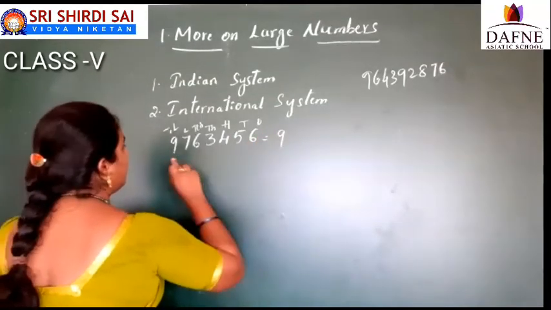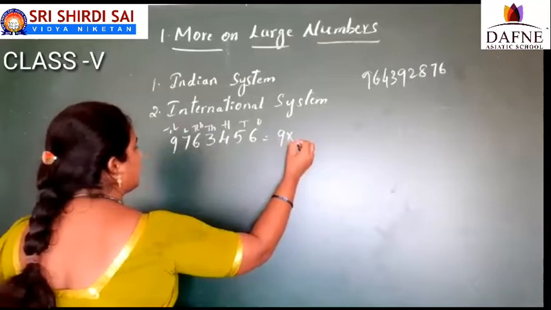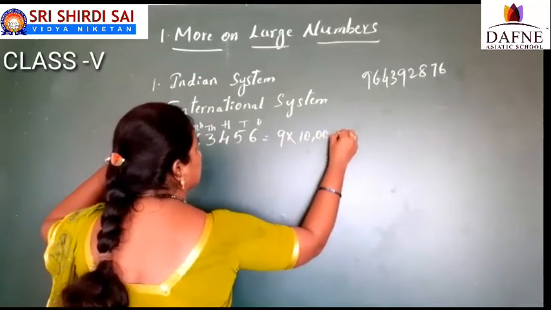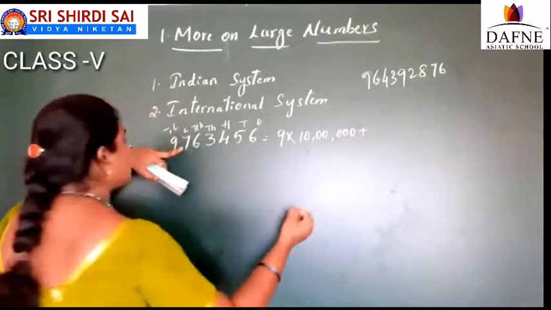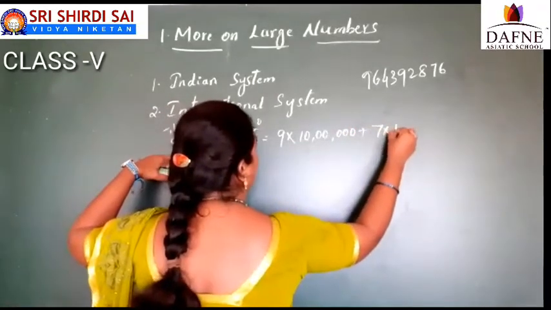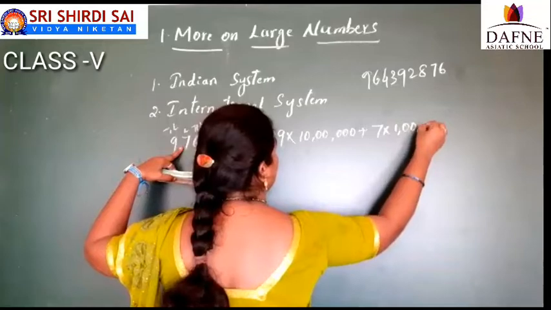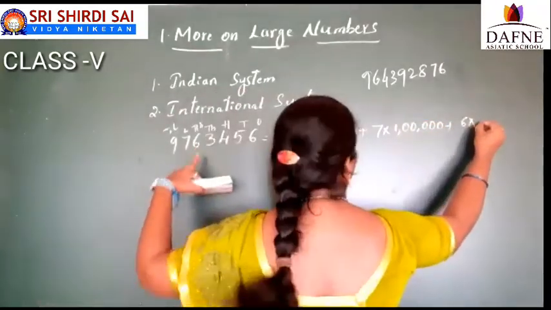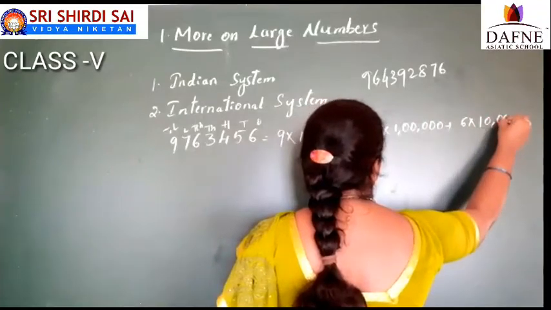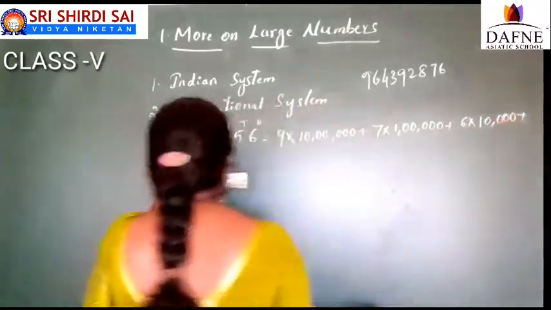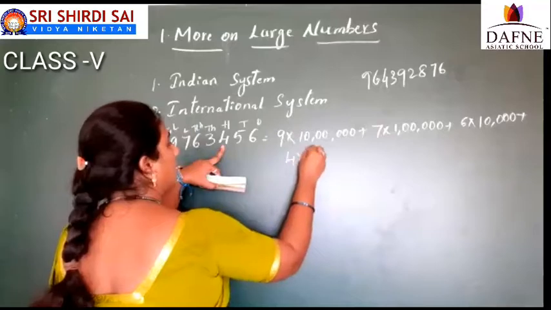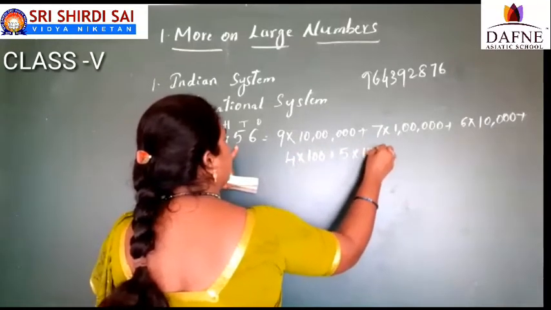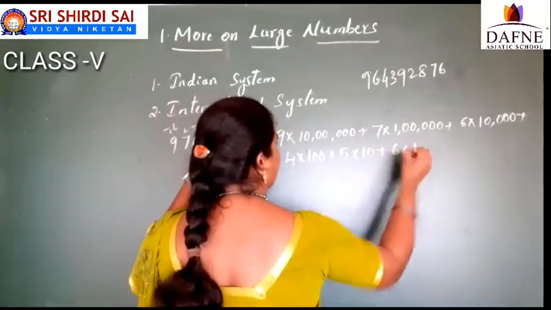So now 9 into how many lakhs? 10 lakhs. 9 into 10 lakhs plus 7 into 1 lakh plus 6 into 10,000 plus 4 into 100 plus 5 into 10 plus 6 into 1. This is the first step.